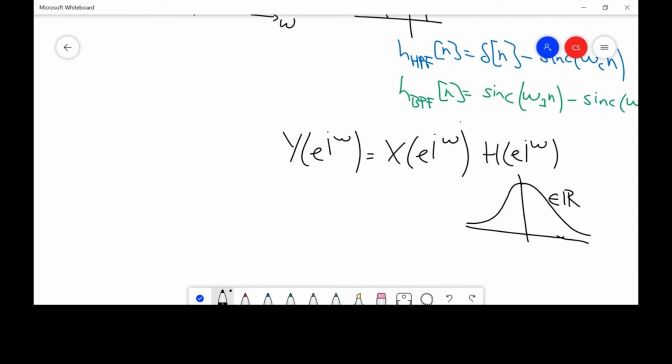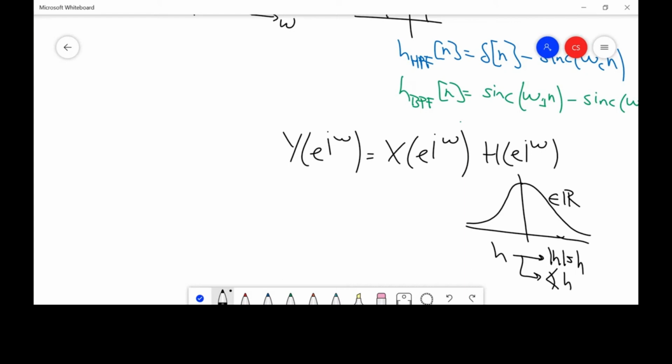So it is a real valued number. So a real valued number means that, let's say it is a number h. As a complex number, what is the modulus of h? This h. As a complex number, what is the phase of h?